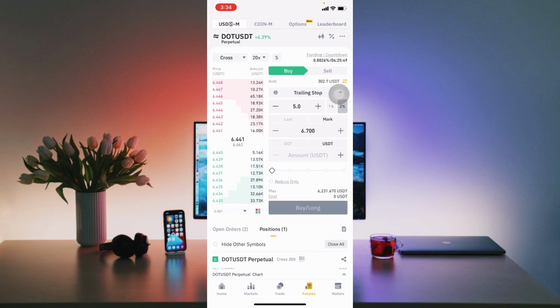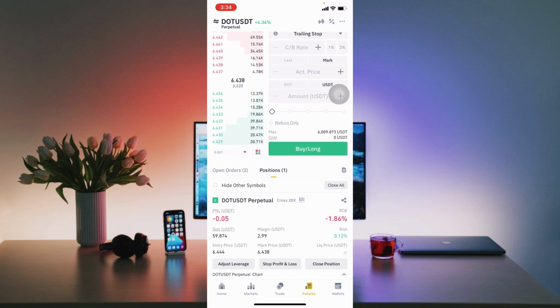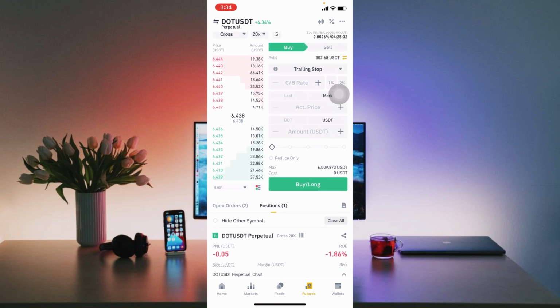Okay, now the next thing that you should know is you can only use a trailing stop on buy orders. Like let's say this place, have you seen that the trailing stop, you can't use it on this particular pair? Because let's say you are using a trailing stop on a USDT long, you can't buy it at the same time.